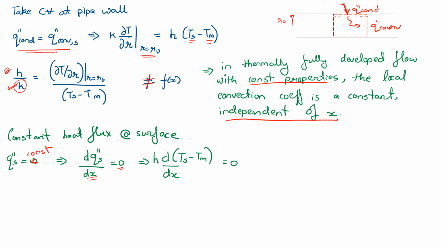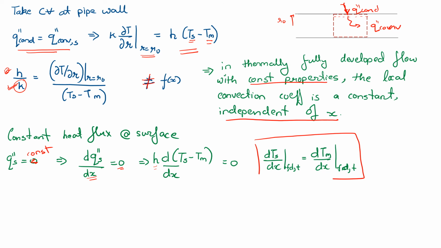I'll substitute the definition of qs from here, and because h is constant, h times d of Ts minus Tm by dx is equal to 0. This gives me this relation right here: d of Ts by dx minus d of Tm by dx equals 0. So by taking dTm by dx to the other side, we get this relation, and this is true for the fully developed region.